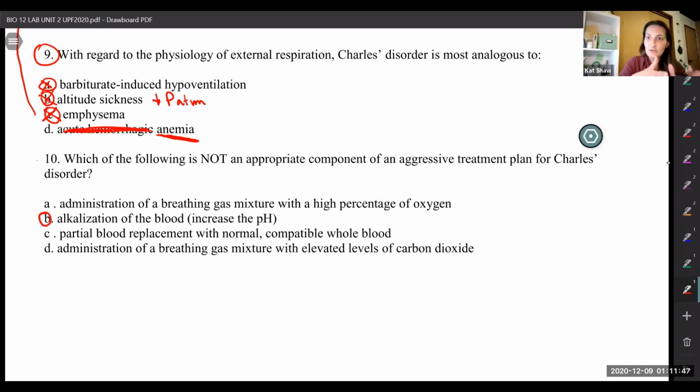And compared to normal, when hydrogen ion concentration is greater, we get a right shift. And when hydrogen ion concentration is lower, which represents alkalization of the blood, then we get a left shift. And Charles already has a left shift.